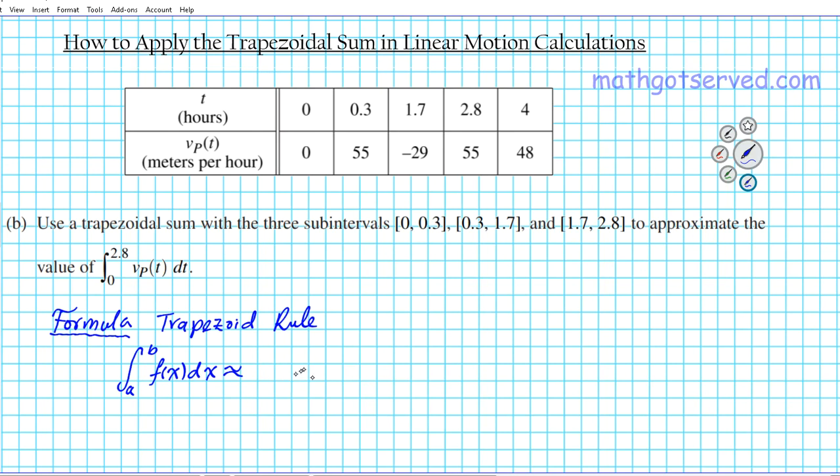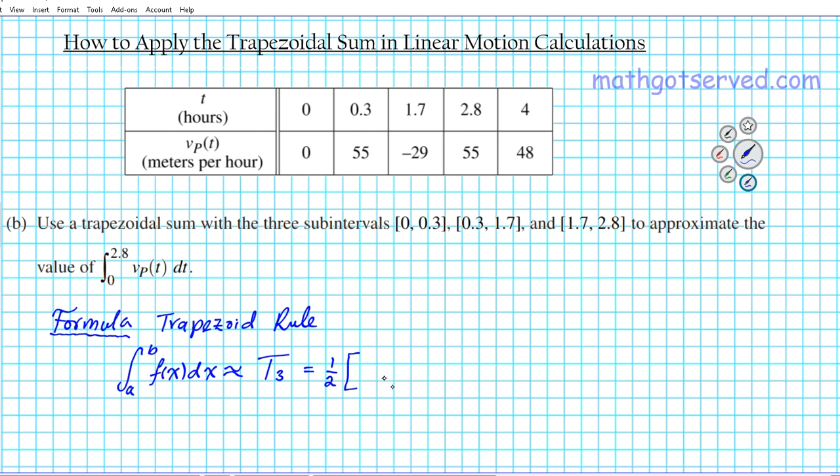So I'm going to call trapezoid T sub 3. What does this mean? Trapezoid with 3 sub-intervals. So if we're doing a trapezoidal approximation with 3 sub-intervals to estimate this integral right here, it is going to be 1/2. All the trapezoids are going to have 1/2 in their formulas, okay? So I'm just going to factor out that 1/2.